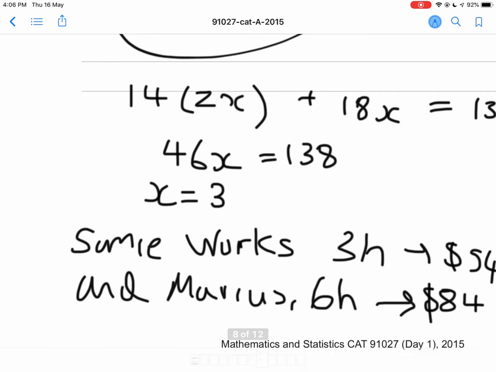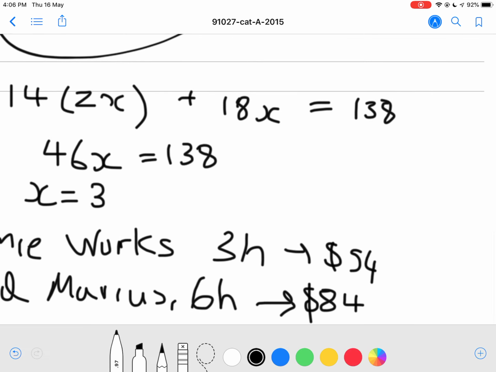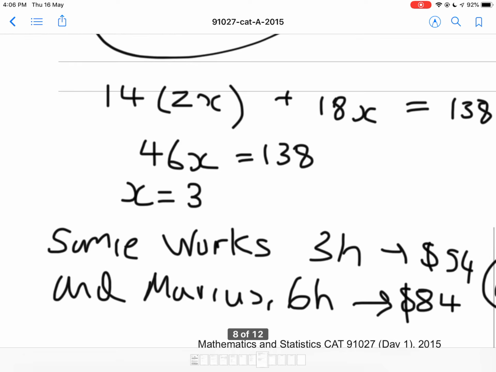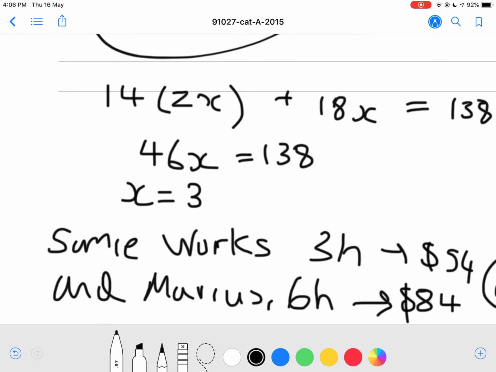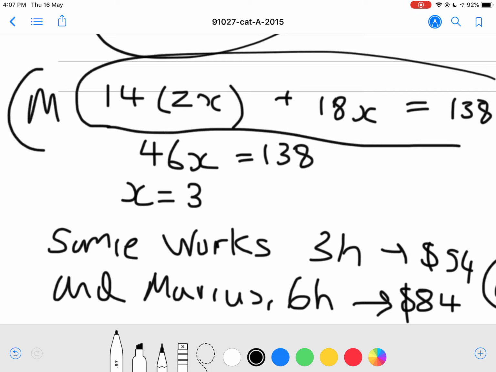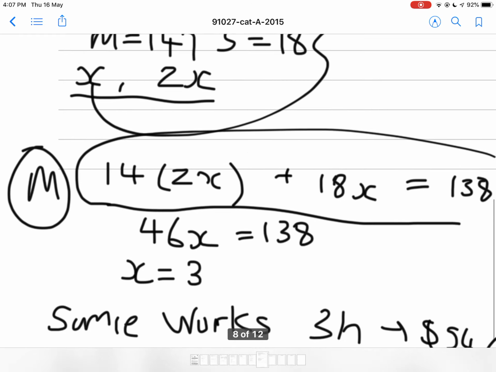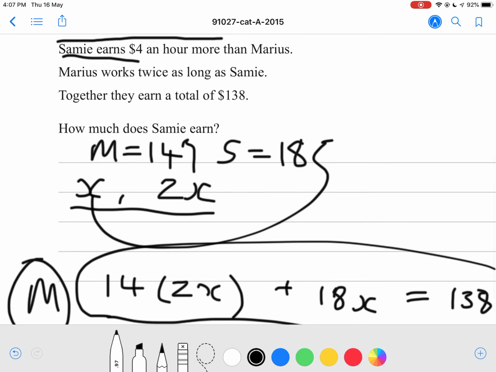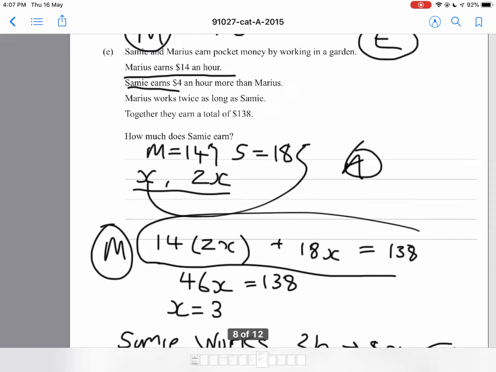Alright, so getting all the way down here, both amounts will get you an excellence grade. If we make this equation here, that gets you a merit grade. And if we get one equation given, basically just any one equation given will get you an achieved.